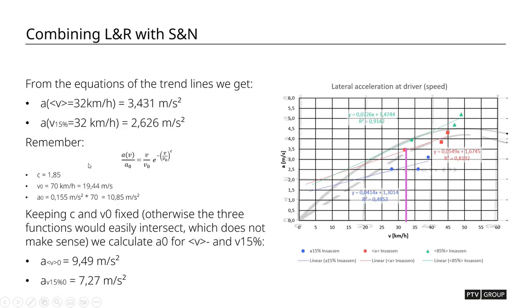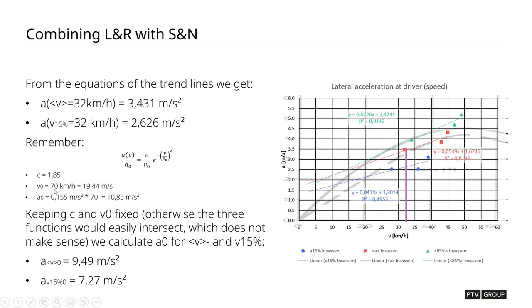And that's the result. So where we have the 10.85 A0 parameter value for the 85% drivers, we have 9.49 for the average drivers, average speeds, and 7.27 meters per second squared for the 15% or minimum speeds. We want to use it as minimum speeds.